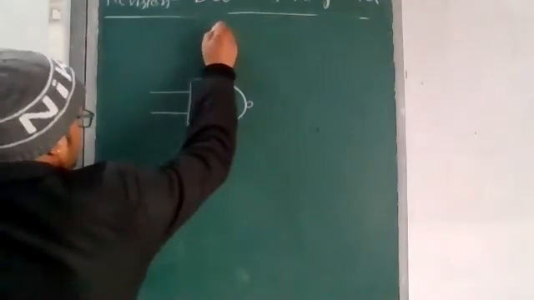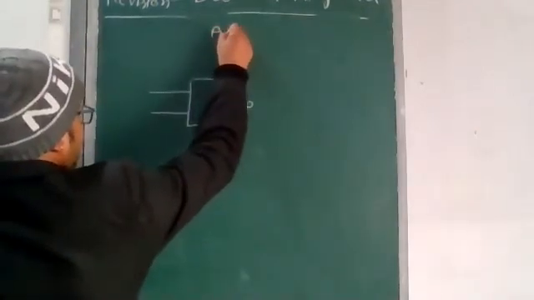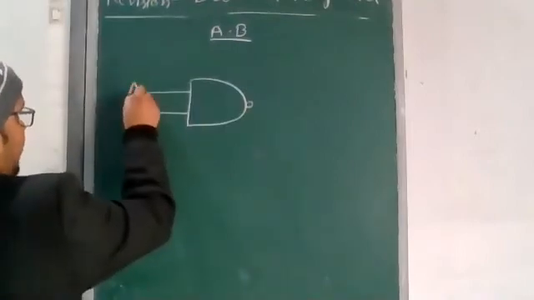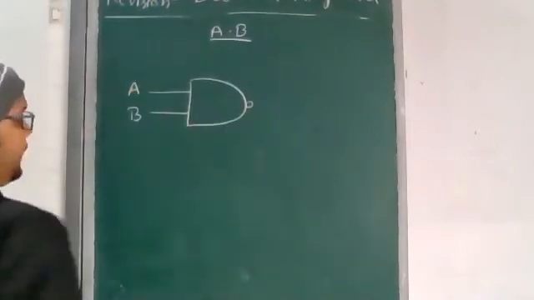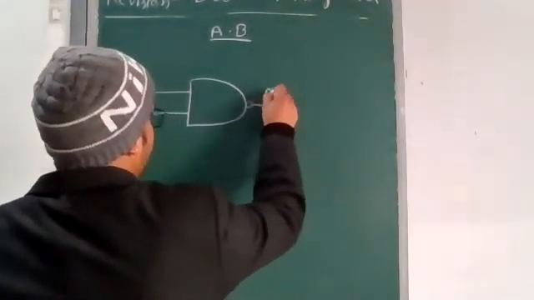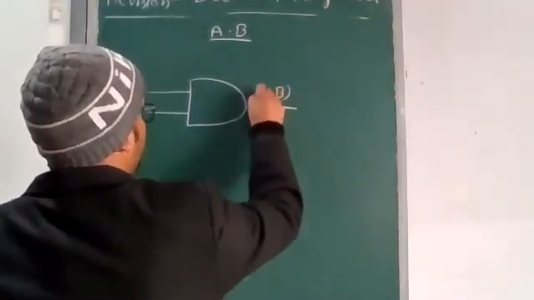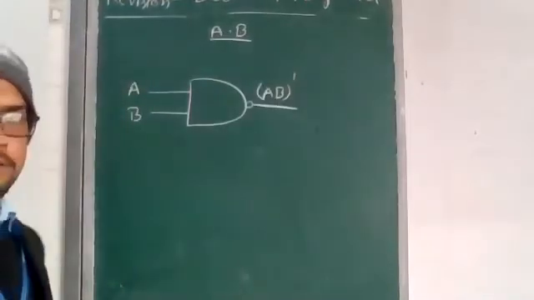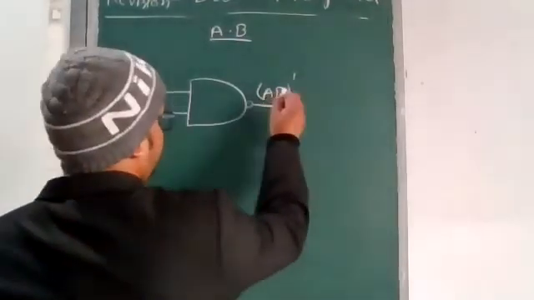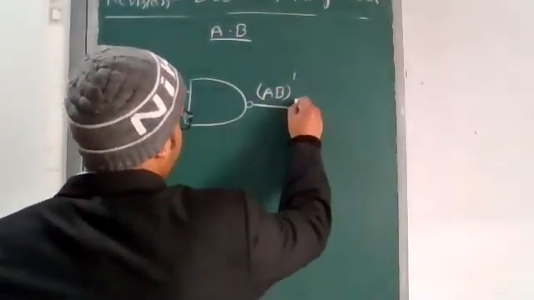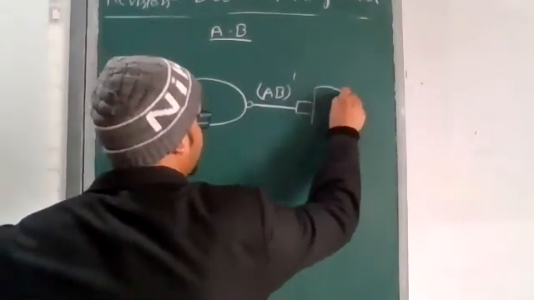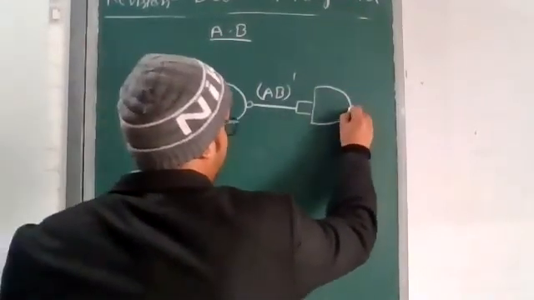AND is A dot B. If you use A, B with the help of NAND, the result we get is A, B whole complement. The result is (A dot B) whole complement. Again, you have to use a NAND gate, because NAND is a universal gate.